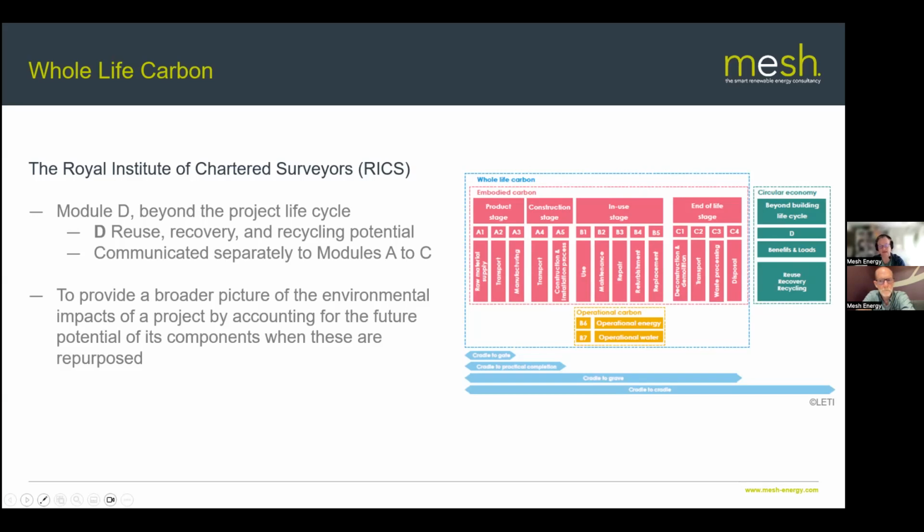If it is successfully deconstructed and reused on another project after the end of life of the current project, for example, then that carbon benefit gets passed on to the module A of the next building, and therefore you can start subtracting sequestered carbon. And why that's important, I'll demonstrate a little bit further on in the case study.